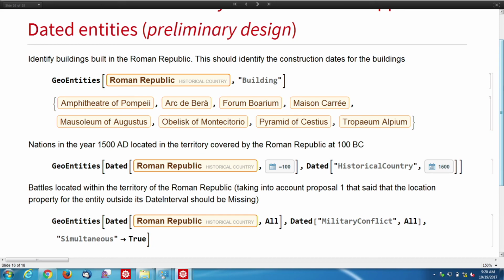Or take a date for, for instance, a building, and have it tell me in what nation it was constructed, things like that.